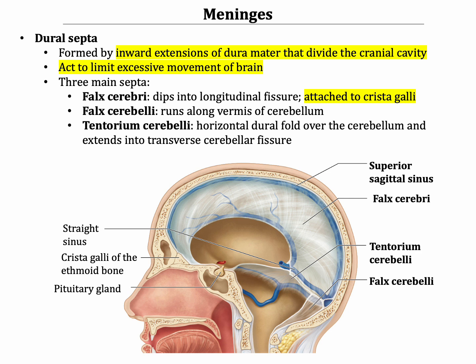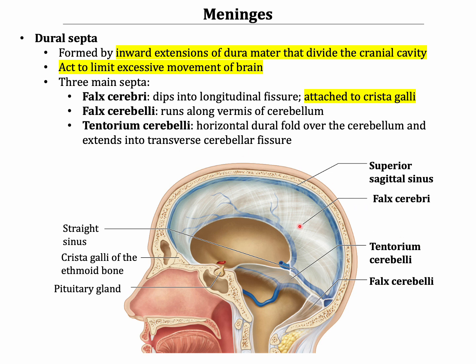The dura mater also forms dural septa, inward projections that divide the cranial cavity, help to stabilize the brain, limit excess movement of the brain. So we have the falx cerebri, we have the falx cerebelli here, and then the tentorium cerebelli as well.